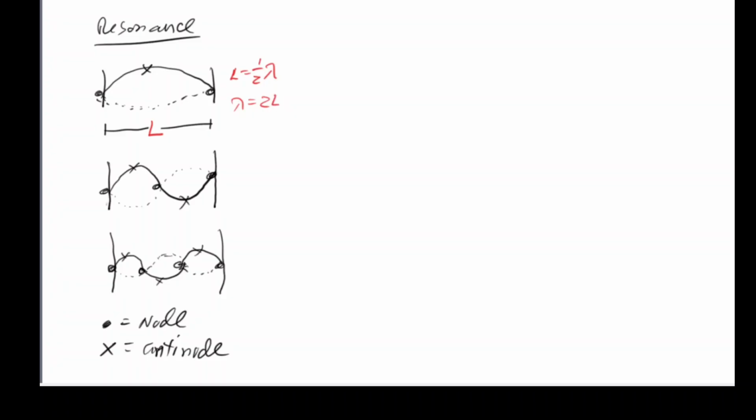So a standing wave can be set up on a string of length L by a wave with a wavelength equal to 2L over n, where n is 1, 2, or 3, etc. So if n is 1, then the wavelength, as in this case, would be 2 times L. If n is 2, then this is actually 1 wavelength, because you're going from the same point to the same point, and so on.